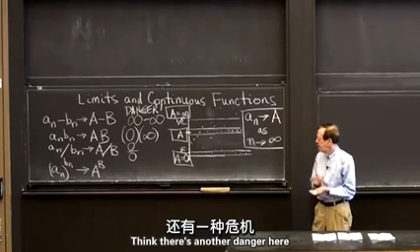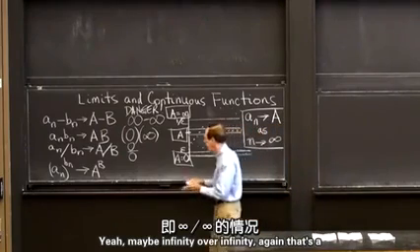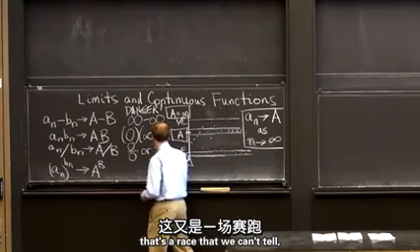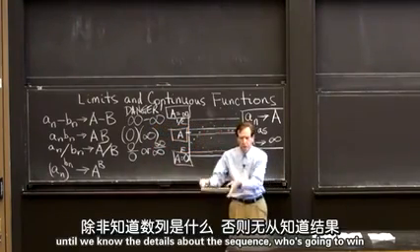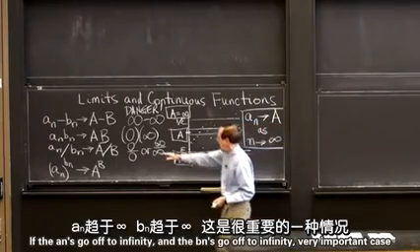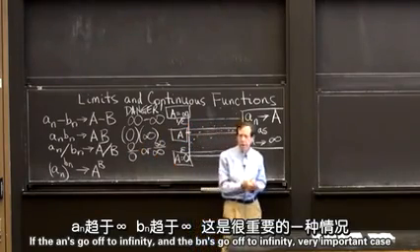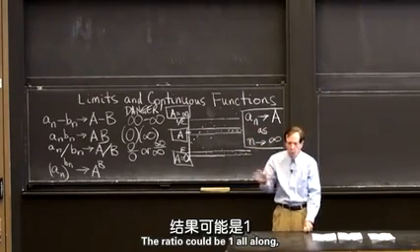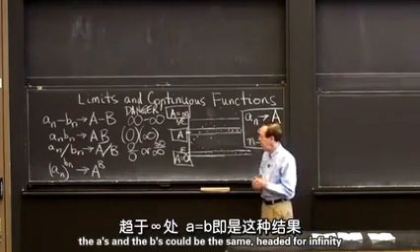I think there's another danger here. Yeah, maybe infinity over infinity. Again, that's a race that we can't tell until we know details about the sequences. Who's going to win? If the a_n go off to infinity and the b_n go off to infinity, a very important case, the ratio could be 1 all along. The A's and B's could be the same, headed for infinity.